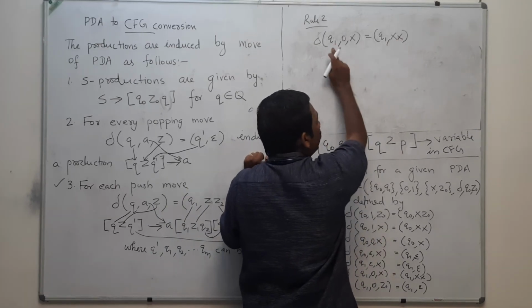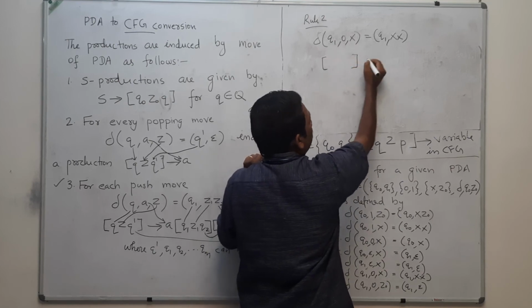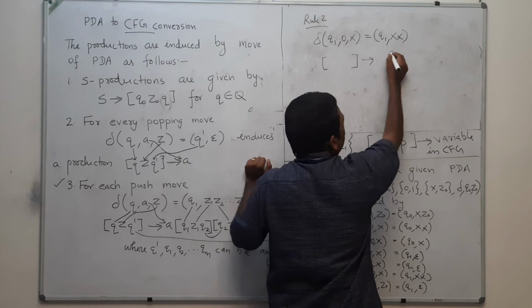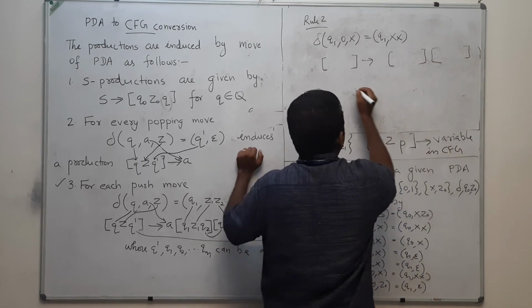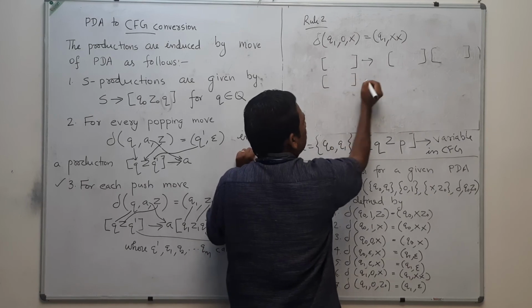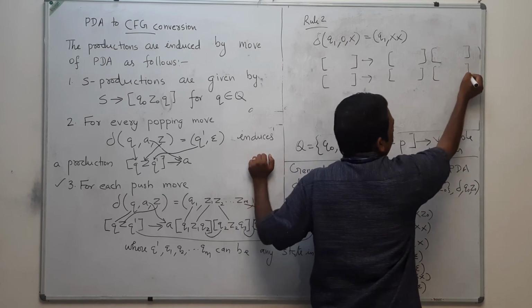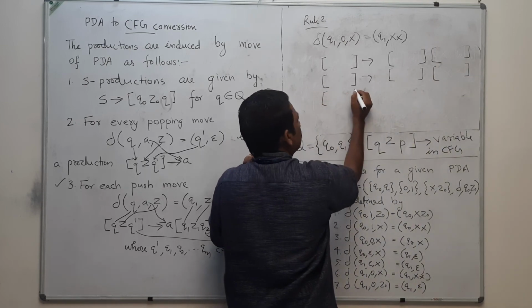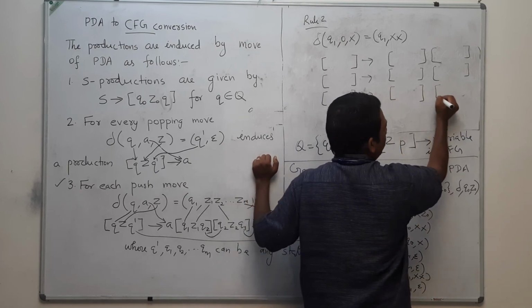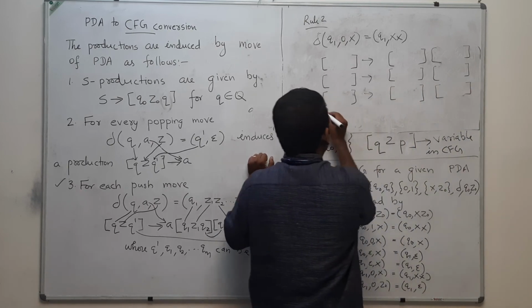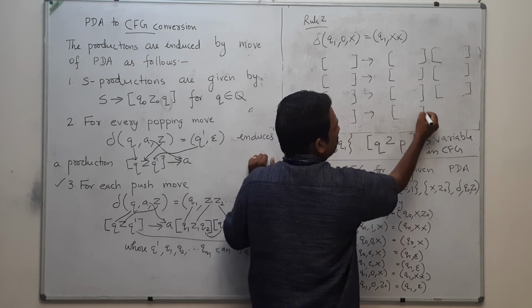From Q1 you have to reach Q0. That means here we are going to have again four productions: first production, second production, third production, and the last production.